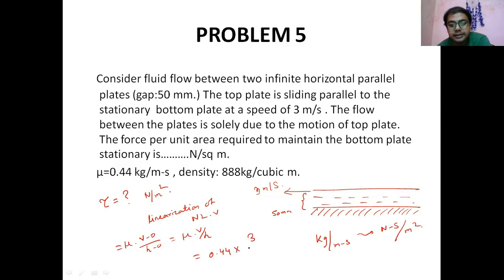And V is given as 3 divided by 50 mm. So you are getting this answer. Force per unit area, this answer will come to nearly 26.4 Newton per meter square.